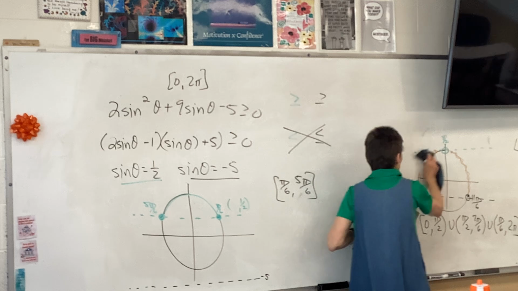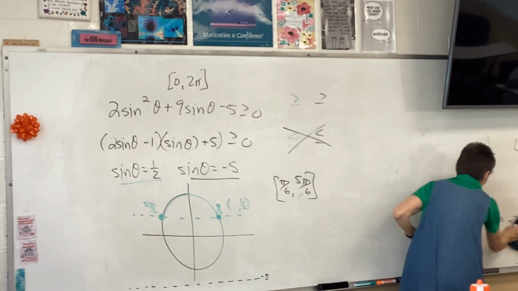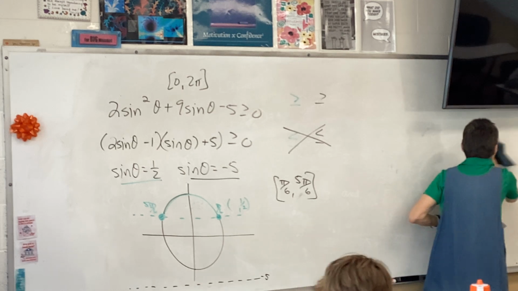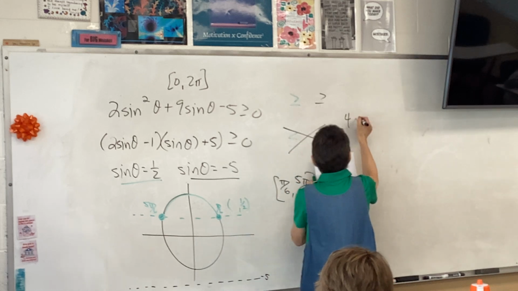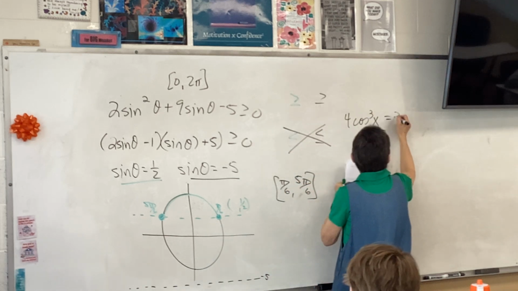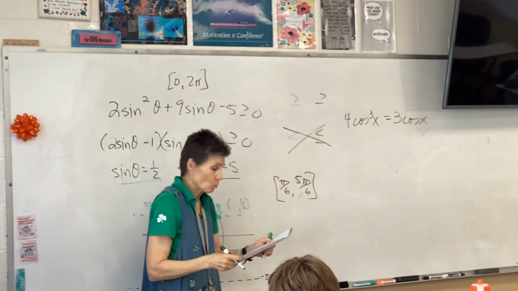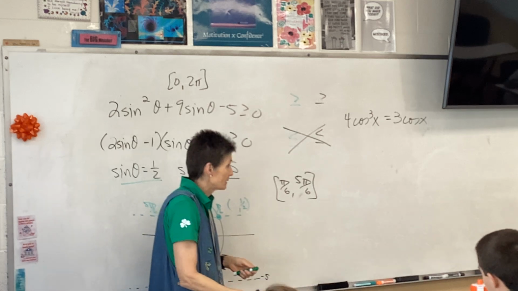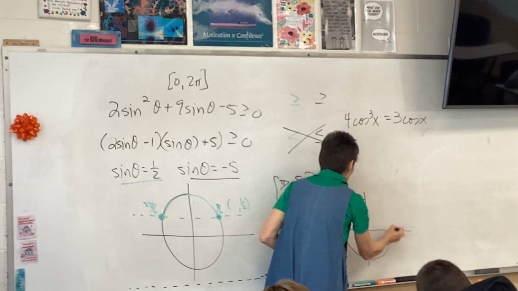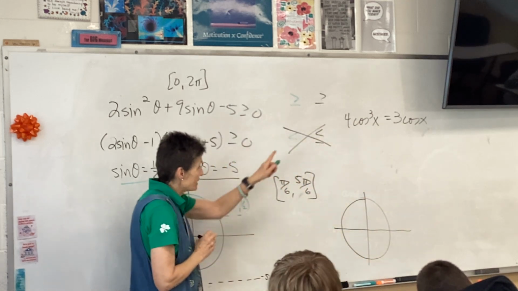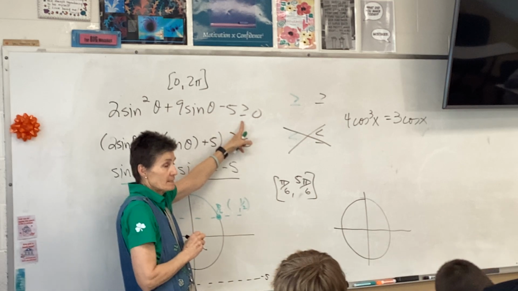Let's look at number 8 real quick, and then I'll stop. 8 is an equation and I want to set them equal to each other. I'll use my unit circle, but I won't be shading on it because it's an equals. I only shade when it's a less than or greater than.